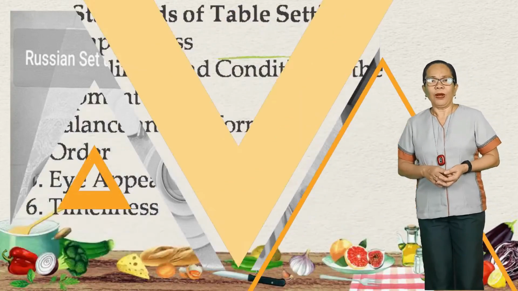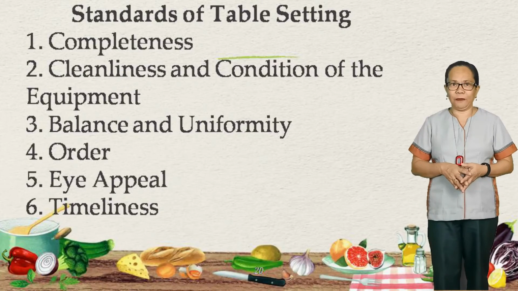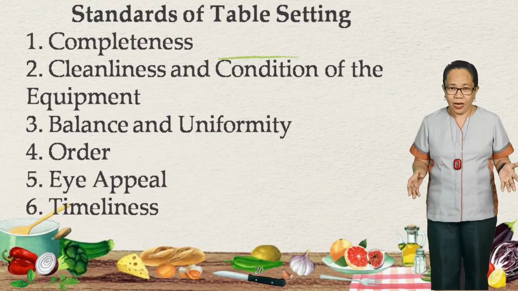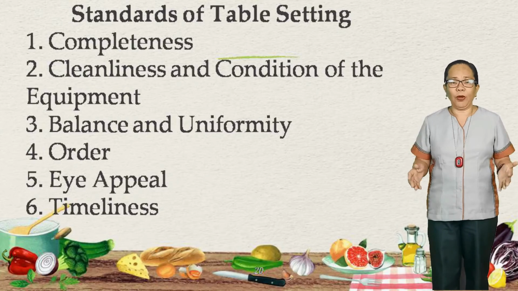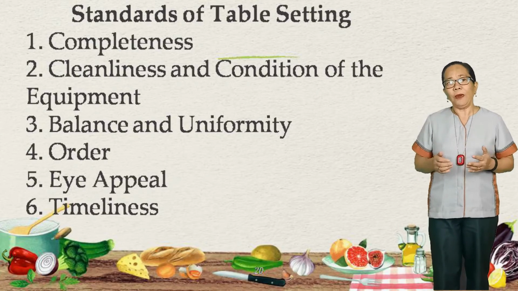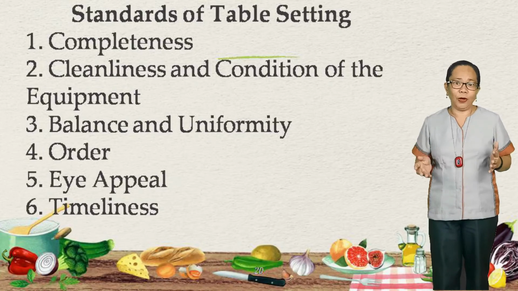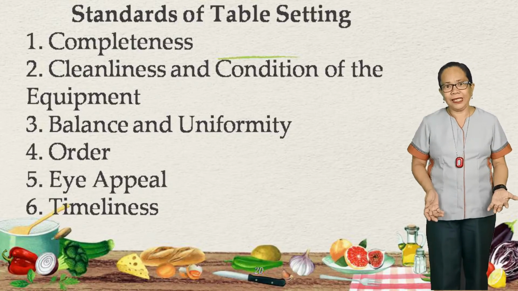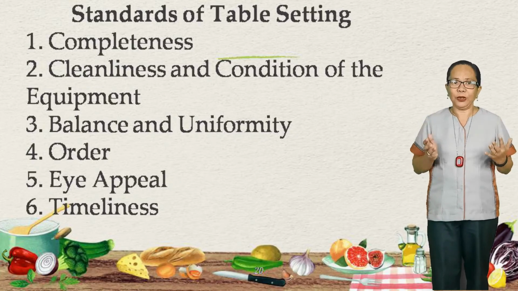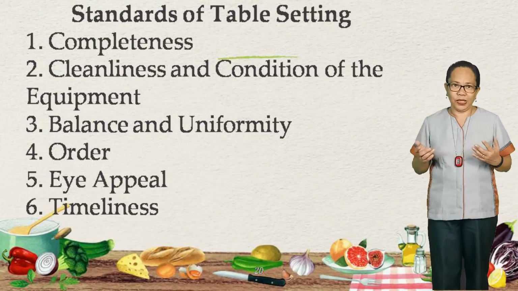So, what are the standard of table setting? Of course, first and foremost, completeness of what? Of table appointments, so as with the food. The next, we have the cleanliness and condition of the equipment. We discussed it before that before you are going to use any equipment, utensils, or implements, see to it that it was checked before you use it.